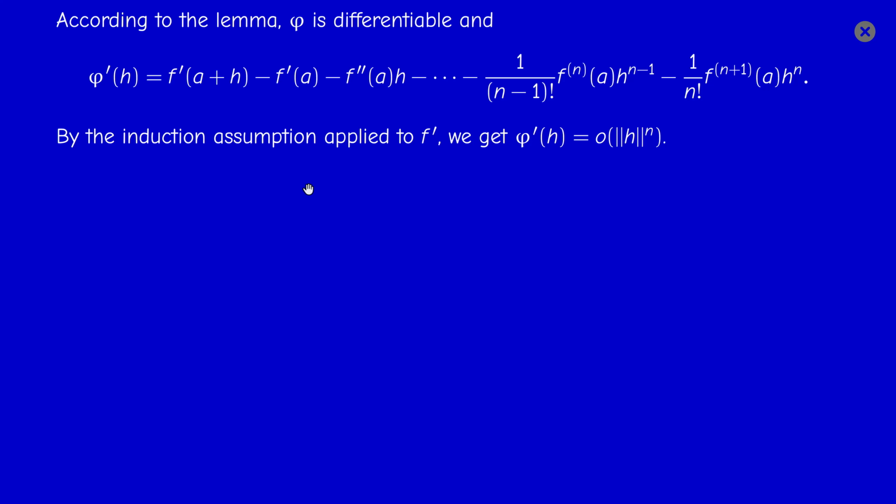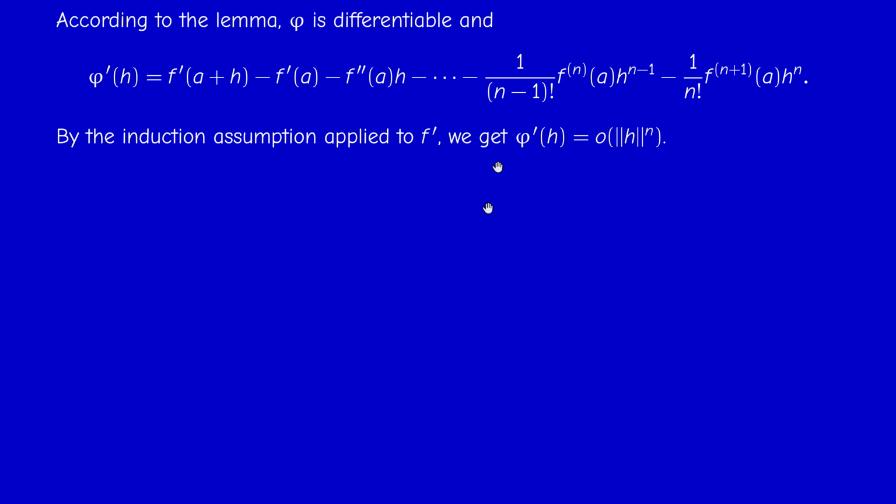If we apply the induction assumption to f prime, so let's call f prime equal g. So I have something of the form g of a plus h minus g of a minus g prime of a at h, etc. And this is g of order n actually.